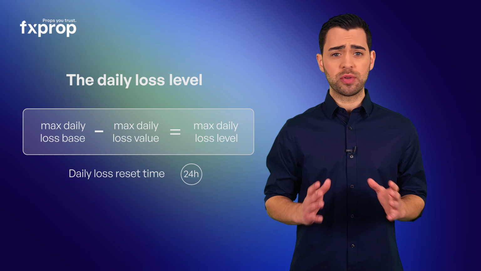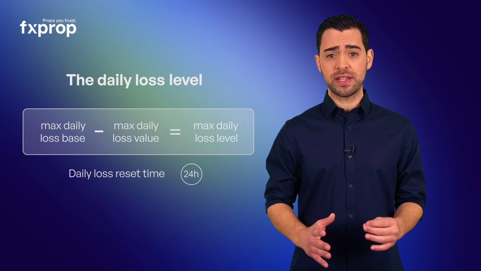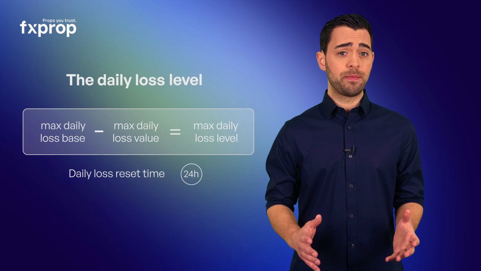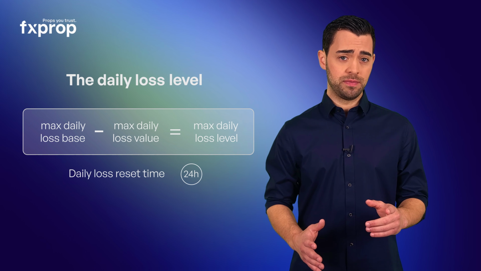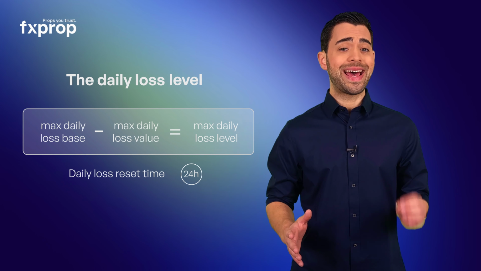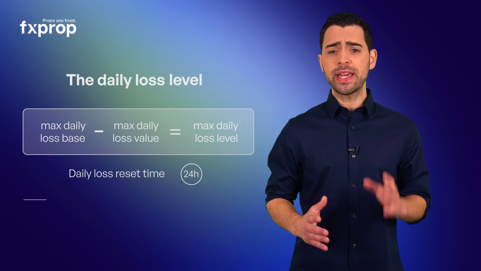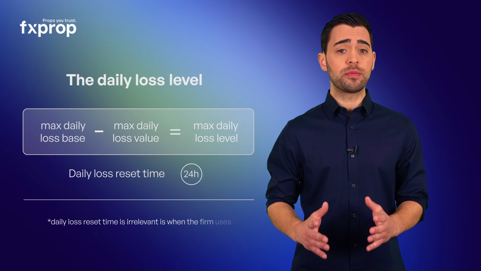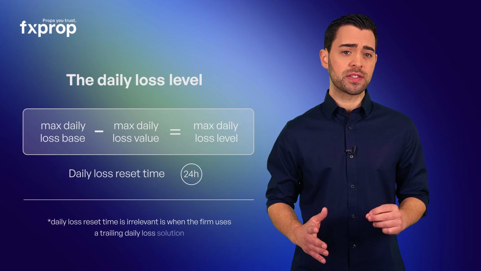In most cases, the precise time of the daily loss reset is provided in the overview of our challenge. But if it's not found there, check the props FAQ. If it's not there either, ask the support team. The only case where the daily loss reset time is irrelevant is when the firm uses a trailing daily loss solution. But more on that in a moment.